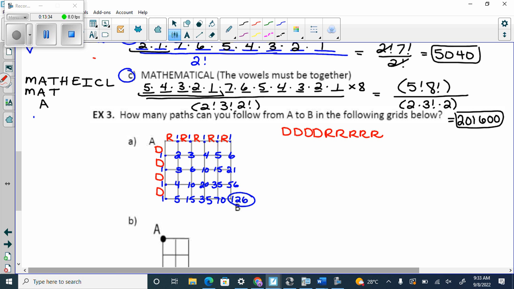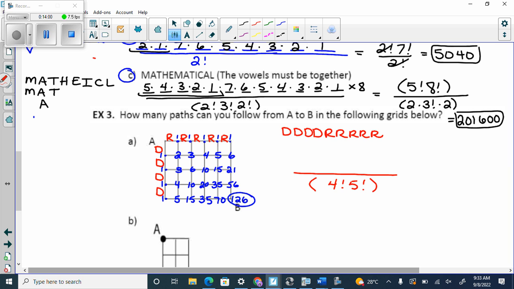So if I asked you how many ways could I rearrange the word DDDDRRRRR, that word specifically, without any restrictions, what would you do? Immediately go to the denominator and put what? 4 factorial, 5 factorial. And with no restrictions, what would I put on the top? 9 factorial.